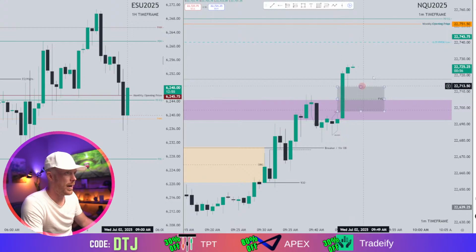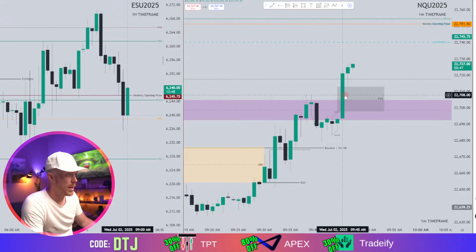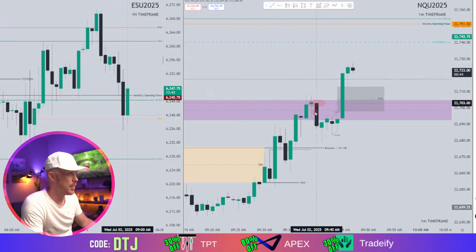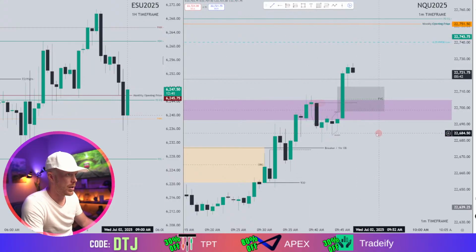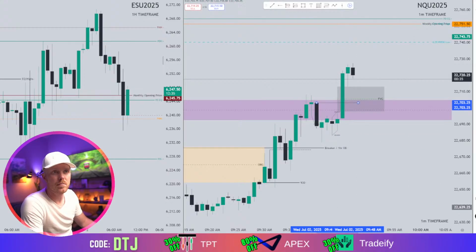And I think we might be running for this area up here. So if it gives us that opportunity and you're bullish, you can use this order block as a potential entry point. I don't know if it's going to get all the way down there, but I think we're probably going to run higher.